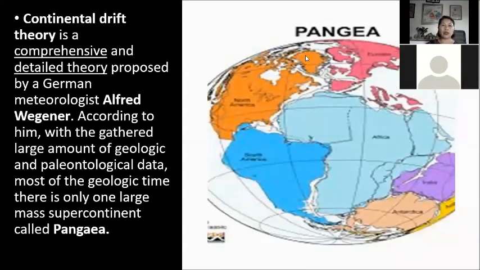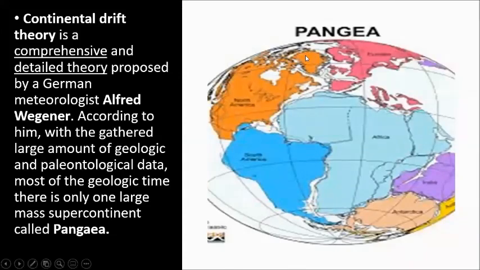Okay, so continental drift theory is a comprehensive, detailed theory proposed by Alfred Wegener. Now, alam natin, we know what is continental. So, drift meaning be carried slowly by a current of air or water.